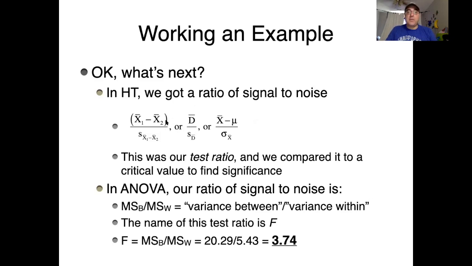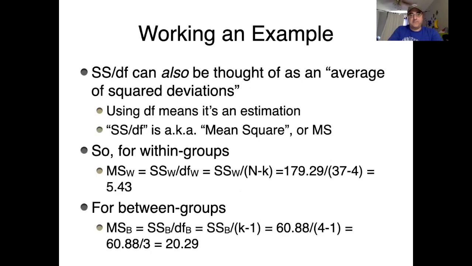We've got the numerator term now, all right? We need our error term. So in ANOVA, the error term is variance within, and that is sum of squares within divided by degrees of freedom within to give us mean squared error. In this case, that was 5.43, right? So that's right here.